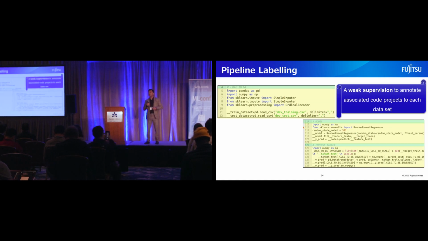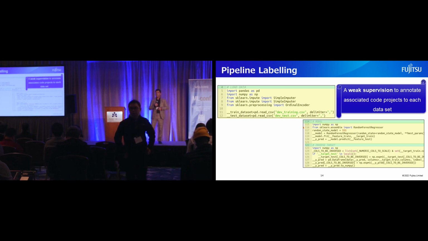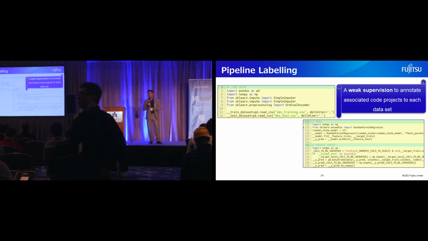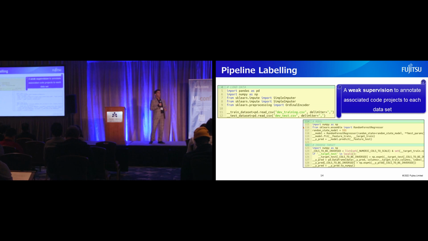The next step is pipeline labeling. From one side, we have a pair of the code and data set, right? So now from the other side, we are going to label the source code that corresponds to a specific data set. In the labeling, we use big supervision to annotate the values. For instance, we can say, okay, this is a load data step that includes, for example, a set of lines that correspond to loading the data.